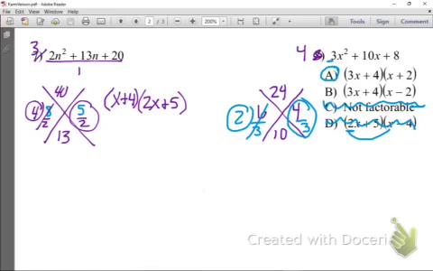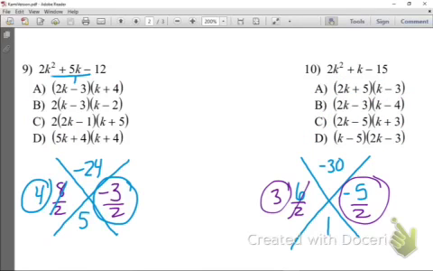Then I look at A and B as my only two options left, and I see that B has a minus in it. Well, in my original problem, I have nothing but positives, a plus sign and a plus sign, which tells me that both of my signs in my parentheses have to be positive, which also takes out choice B. So right there, I did that whole problem without actually doing the work for it. So that's something to take into consideration, guys.